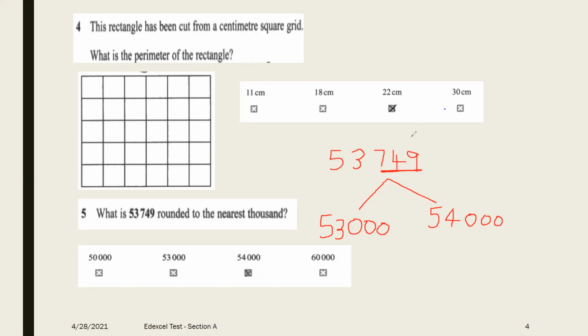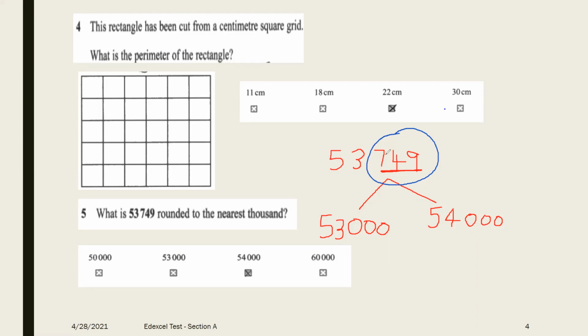Okay, now we know the rule. Now we consider the last 3 digits, and according to this, I have 749. The rule is if the last 3 digits are 500 or more than that, we take it to the larger side.